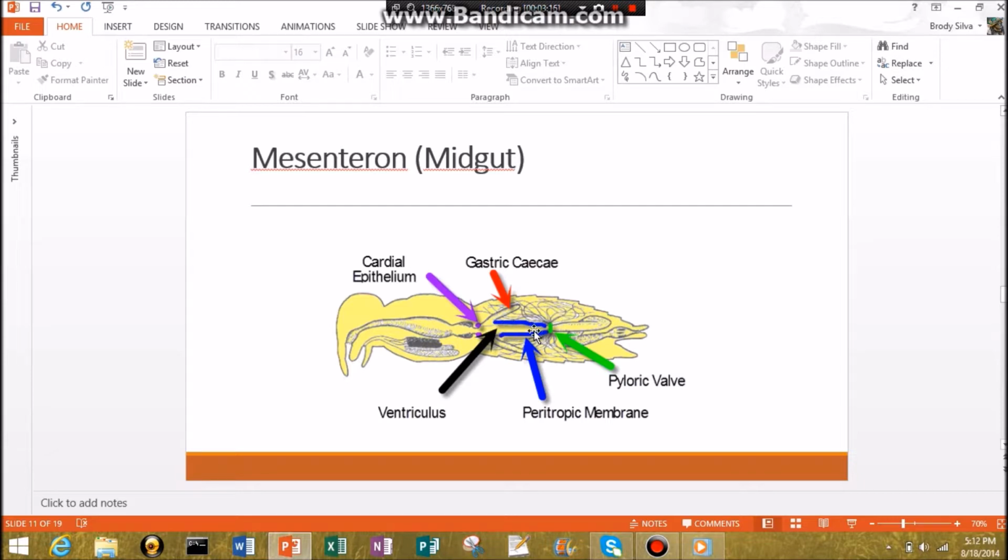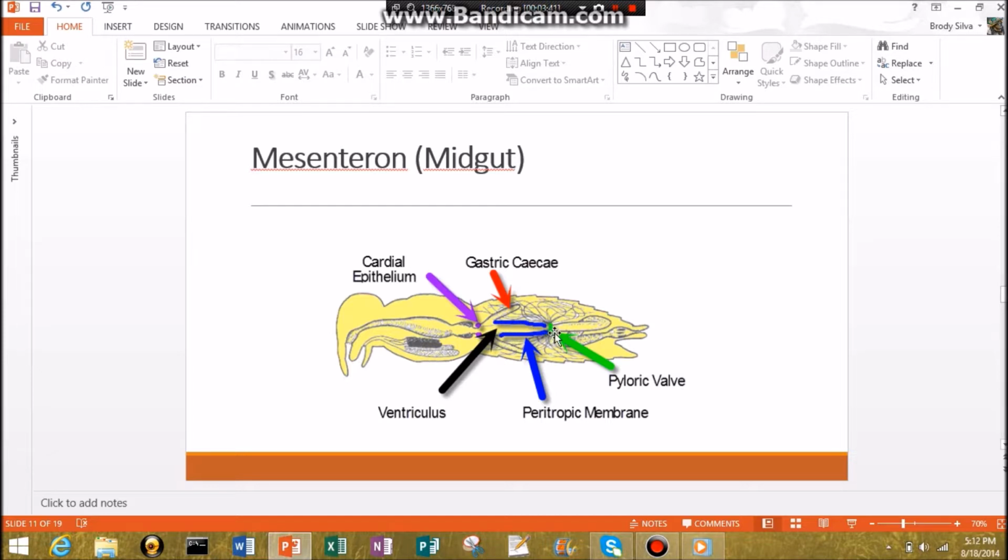This is where most of the nutrient absorption takes place, as does the gastric caeca, which are tubes that come off of it. These are really big tubes, so whether they are used for storage or for absorption is unclear to me. The peritrophic membrane is what lines the lower part of the ventriculus, which is right here.